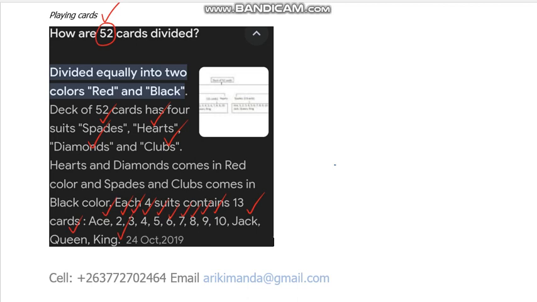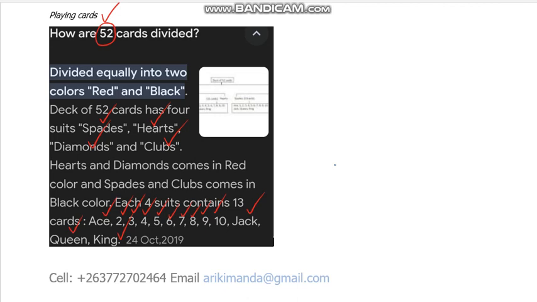Each of these cards has these 4 designs. In other words, there is a 2 of diamonds, 2 of hearts, 2 of clubs, and 2 of spades. Similarly, there is a king of spades, king of clubs, king of hearts, king of diamonds.